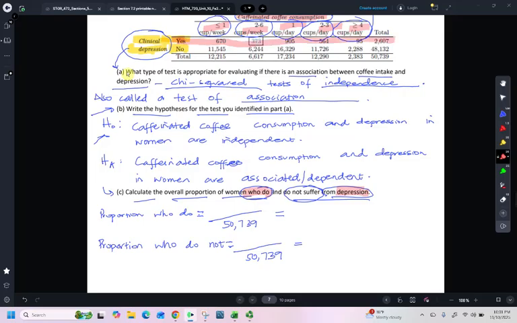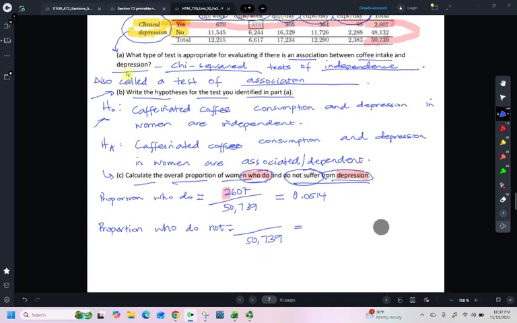Those who do suffer out of the entire population. So that will be 2607 out of 50,738. That will give us about 0.0514, representing about 5.14% of the women who do suffer from depression.